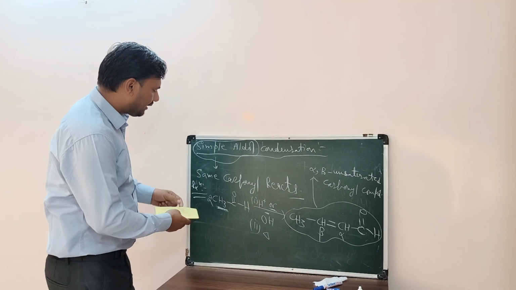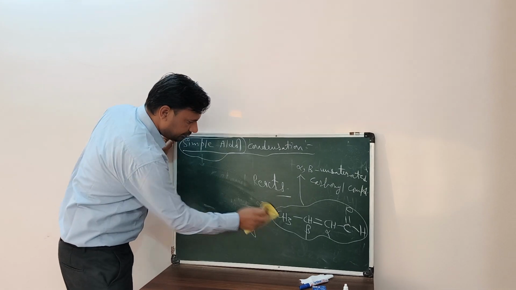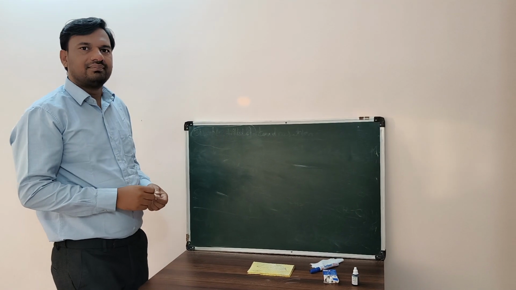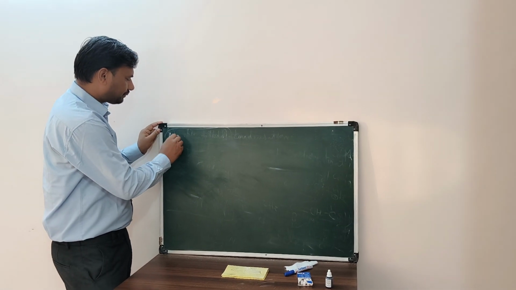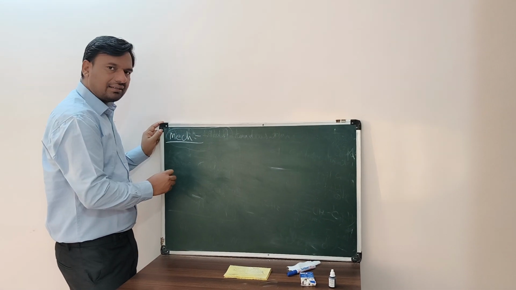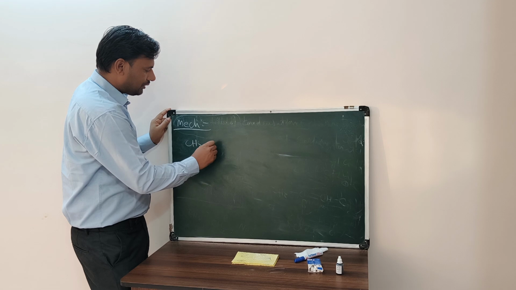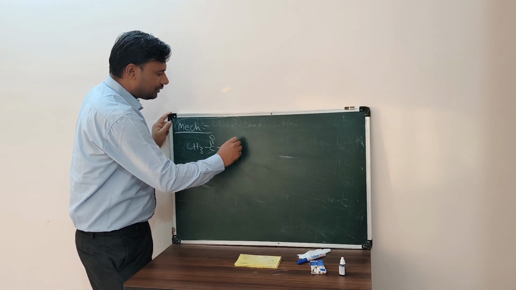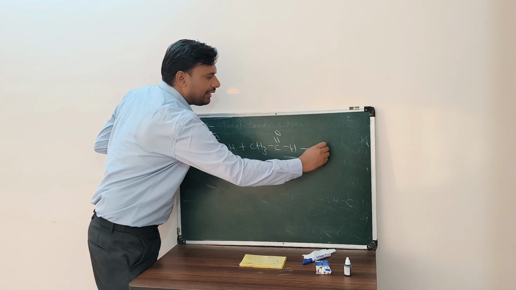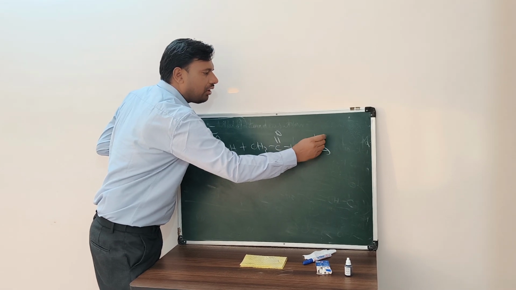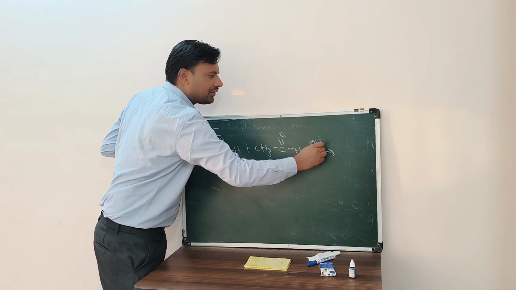So if you see the mechanism, one CH3 C double bond OH, another CH3 C double bond OH, react in acidic medium or in basic medium. Simple, I am taking basic medium.